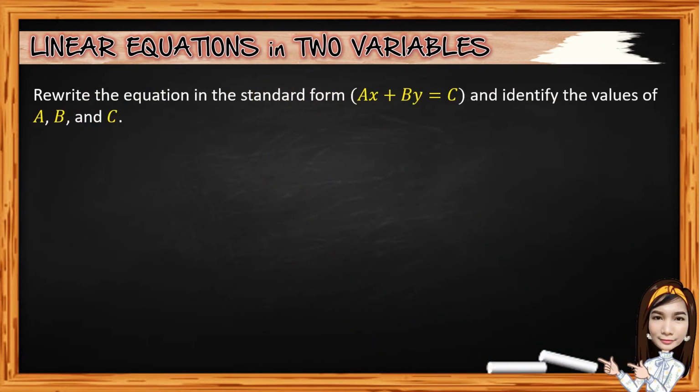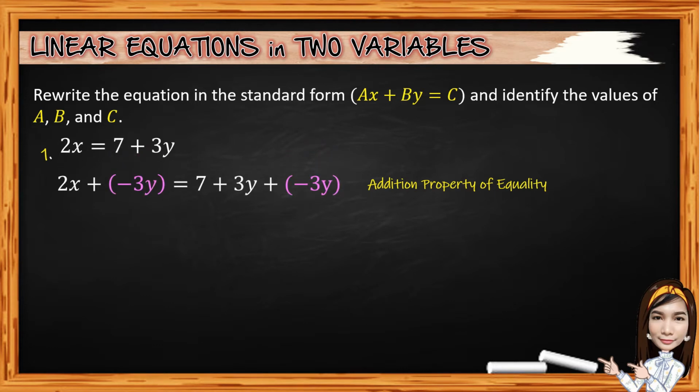Next, we're going to tackle how to rewrite the equation in the standard form written as ax + by = c and identify the values of a, b, and c. For number 1, we have the given 2x = 7 + 3y. Using the addition property of equality, we are going to add to both sides the additive inverse of positive 3y, which is negative 3y.